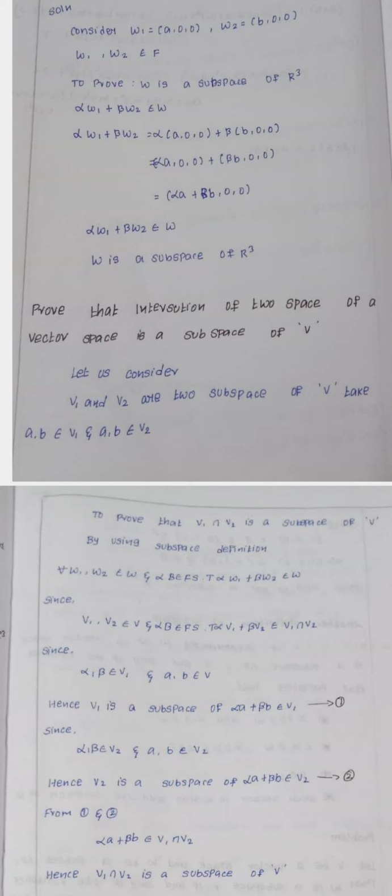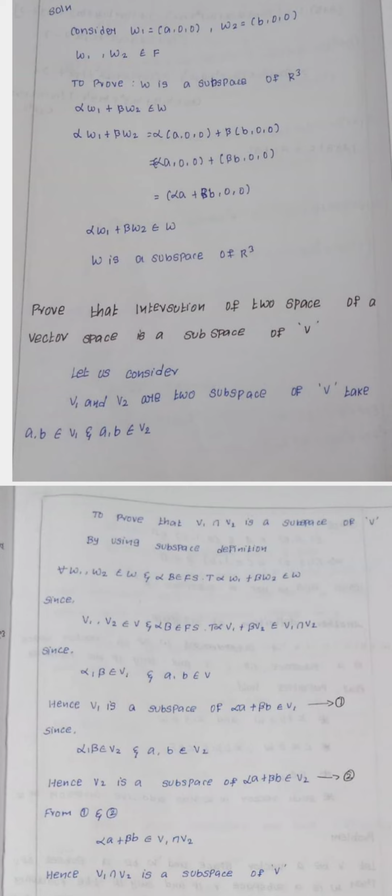By using the subspace definition, W1, W2 belong to W and alpha, beta belong to F such that alpha W1 plus beta W2 belongs to W. So consider V1 and V2 belonging to V and alpha, beta belonging to F such that alpha V1 plus beta V2 belongs to V1 intersection V2.